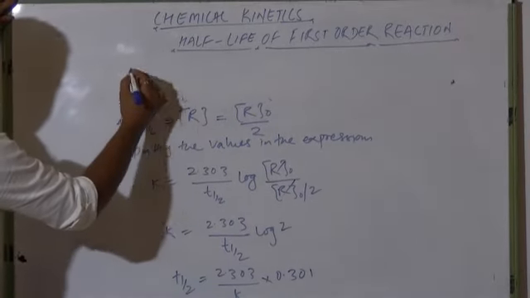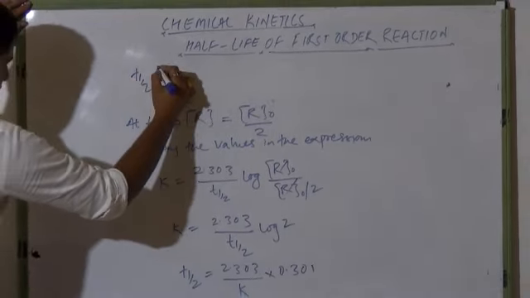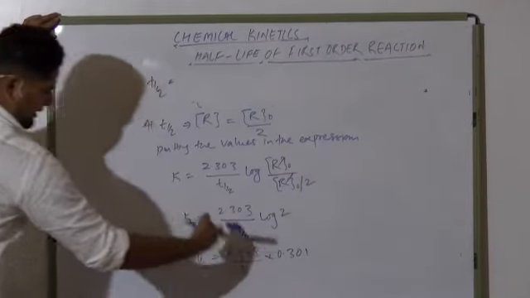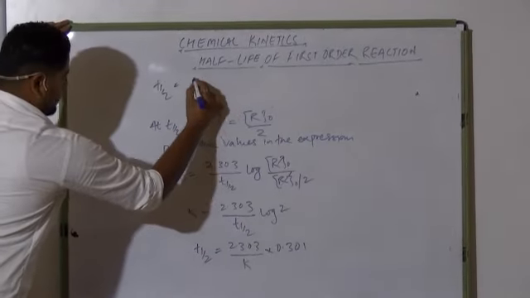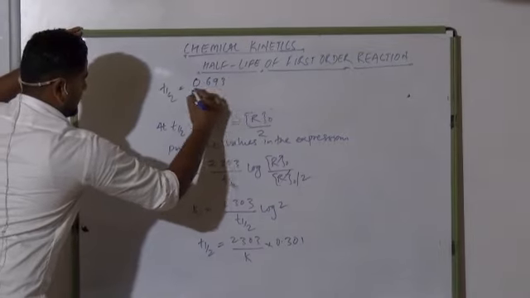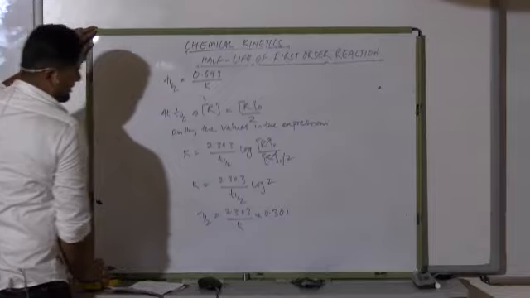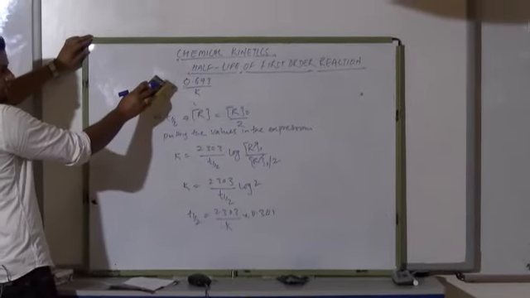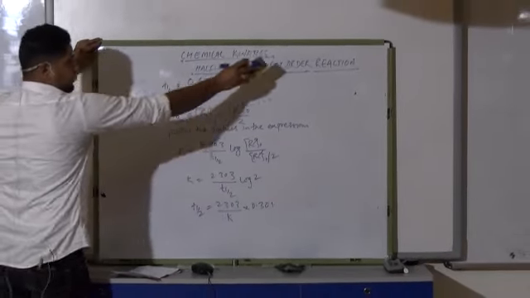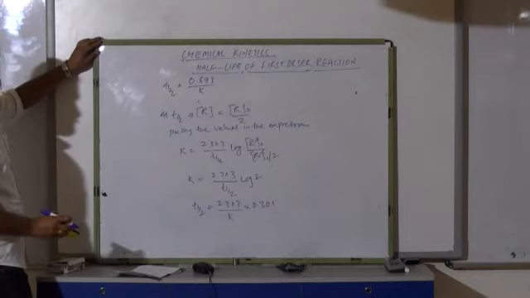So T half is equal to, if you multiply these, you'll get 0.693 divided by K. This is the expression of half-life for a first order reaction.